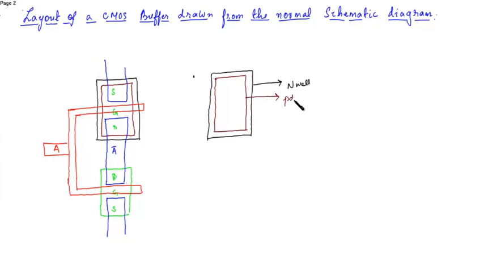You can write P diffusion or say P diff, since this is the PMOS. Then the N diffusion, or say N diff.